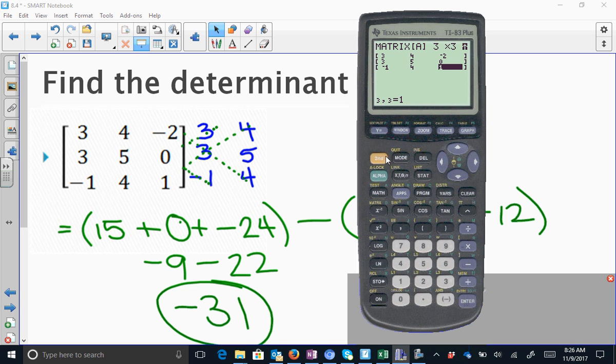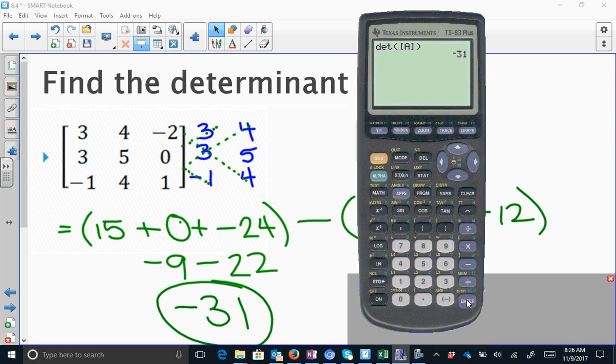Okay, so go to second click, go back to your calculation screen. And if you go into your matrix menu, in that middle math menu, DET stands for determinant. So you'll click that DET and bring up your matrix A.